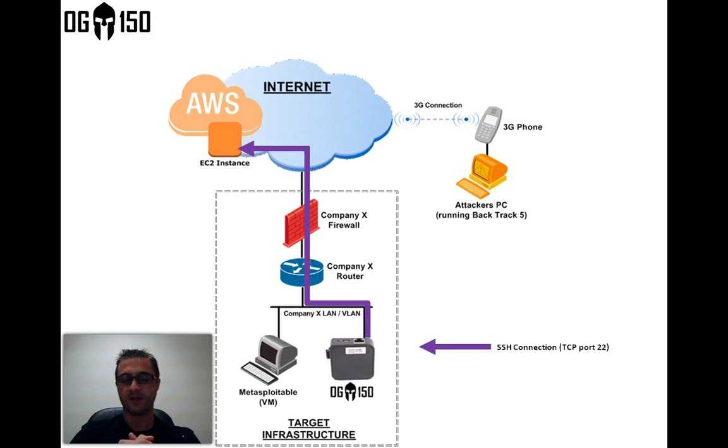EC2 is effectively a VM hosted by AWS in simple terms. This in particular is a Ubuntu server. It's free. I think it's called AWS free tier. So you just spin it up and you're away. So okay, that's all automatic.